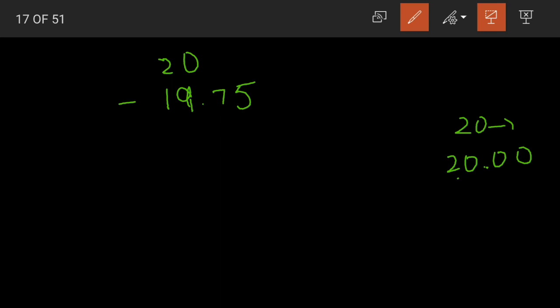Yes, 20 rupees 0 paisa, and below we'll write 19 rupees 75 paisa. Again, if you remember in the previous class, what did I say? If we write like this with 2 zeros, it will be easier for us to add and subtract.